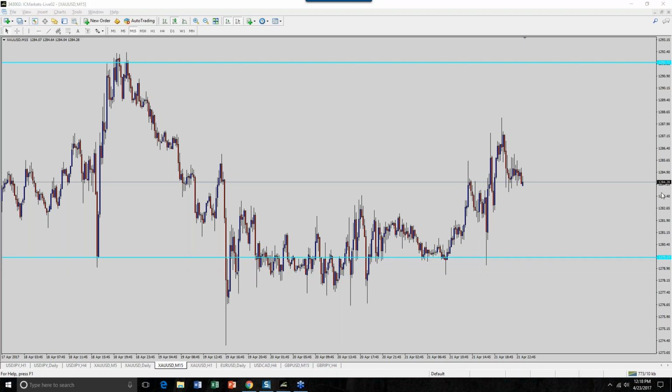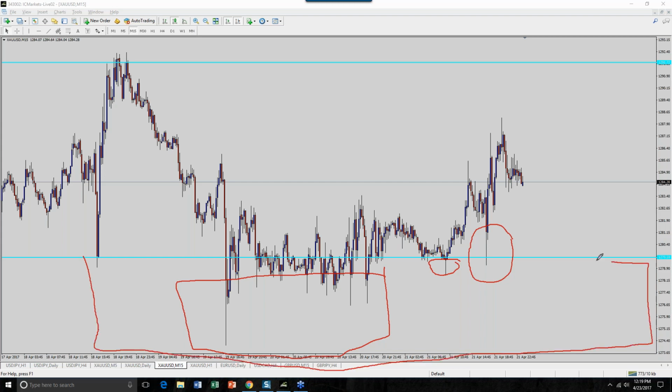You have essentially, give me a second here, like a 1279 level, 1280 level. But what I want you to pay attention to, and this is where a lot of people, including myself, got caught, is all these wicks. All these wicks, price was testing. So you can essentially say that in this section here is one big price region.